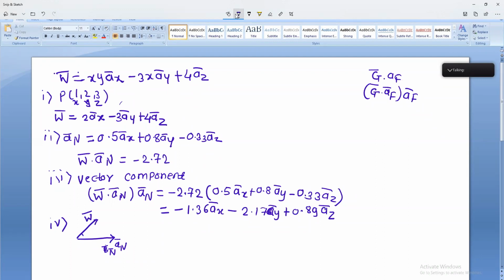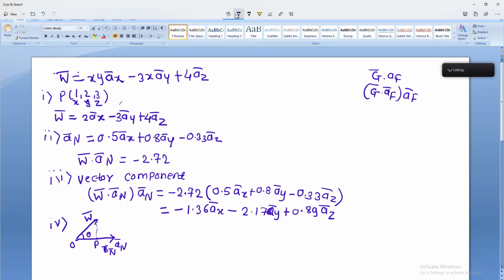Now the angle between this W bar and N bar is theta, and the projection of W bar is at point P. It is given, right? Now we found this. If we consider this point as O, then we already found this length, that is OP, called the length of projection, and we also obtained the vector component, that is the vector projection.